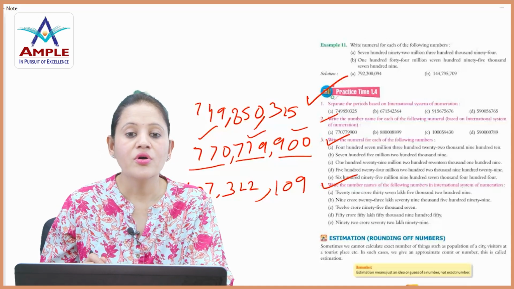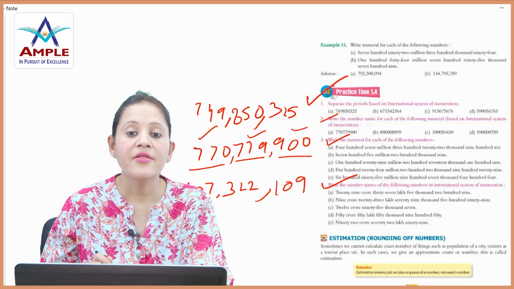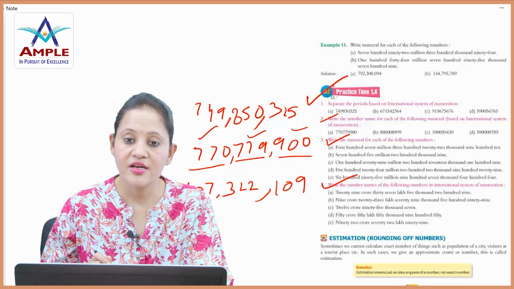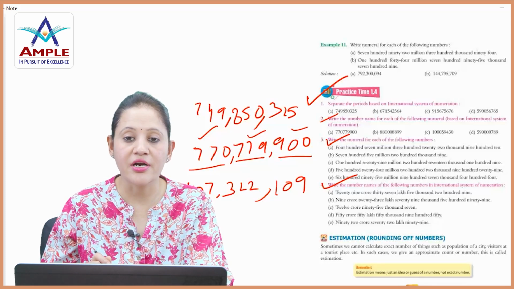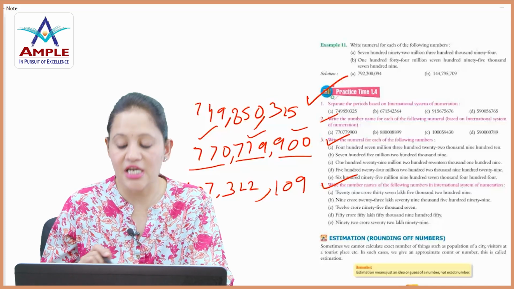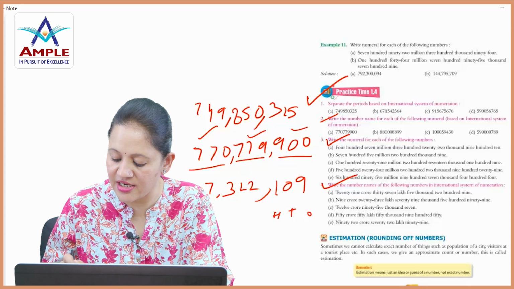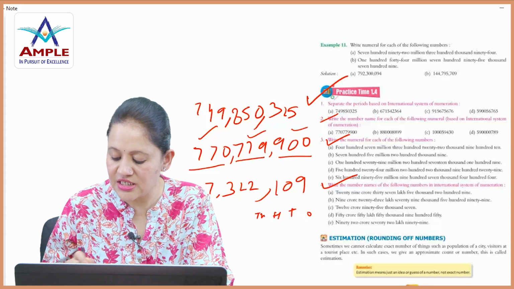Next, write the number name of the following number in the international system of numeration. So 29 crore, 37 lakh, 5,209. First we'll write the number: 29 crore, 37 lakh, 5,209, using the places ones, tens, 100, 1,000, 10,000, lakh, 10 lakh, crore and 10 crore.